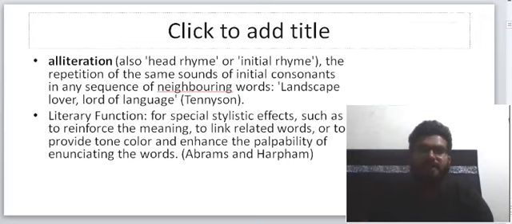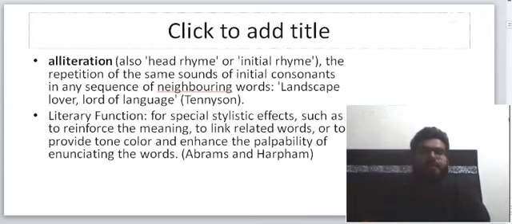Simply speaking, when consonants are repeated one after another, consonant sounds, and these consonants are actually at the start of those words, we call this technique alliteration.